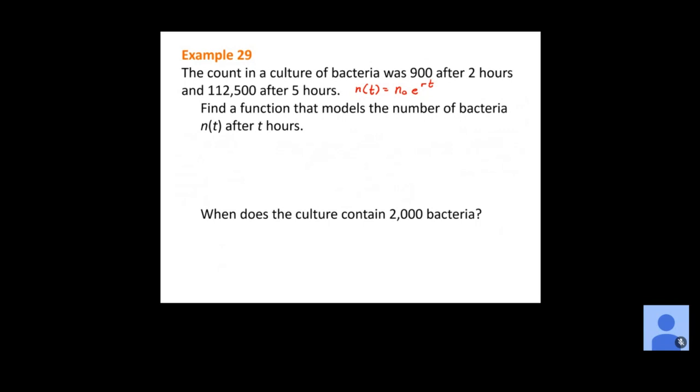So the way I'm going to do this is I'm going to say, well, I've got one equation that would be 112,500 equals n sub 0 e to the r times 5, because I don't know my growth rate, I don't know my initial population. But then I have this other situation here where 900 is equal to n sub 0 e to the r times 2 instead.